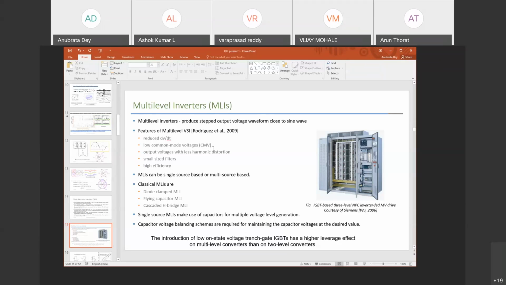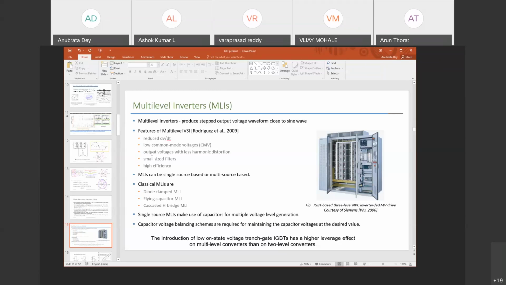In some applications common mode voltage plays a devastating role, particularly drive applications. Also in some PV applications, it spoils the circuit or the particular device over a long period of time. So the common mode voltage can also be eliminated or reduced in some of the topologies of the MLIs.